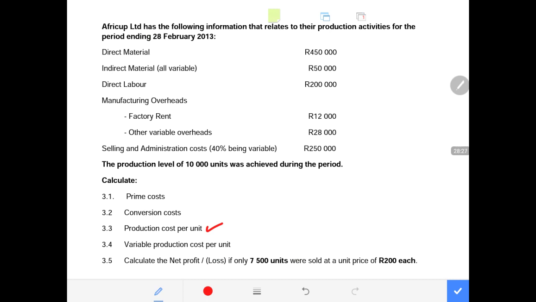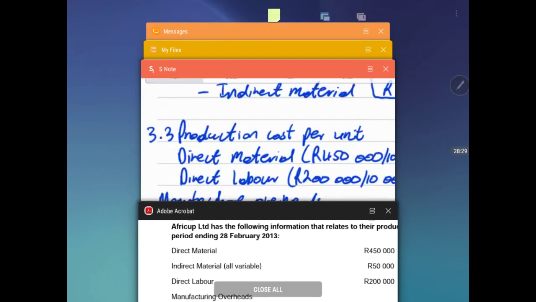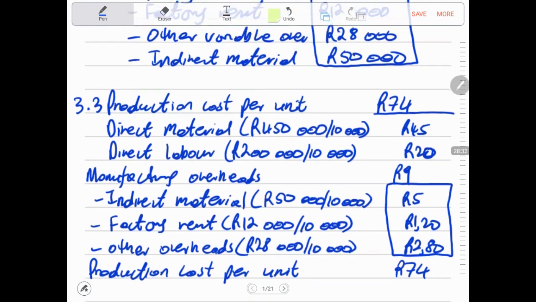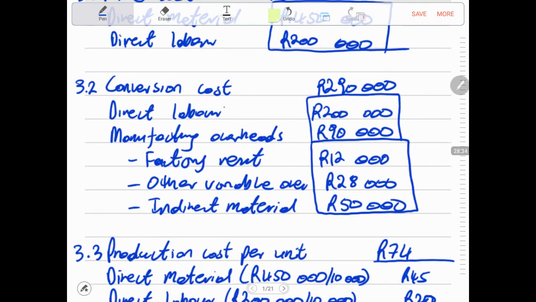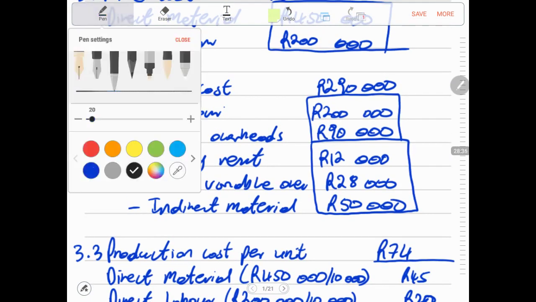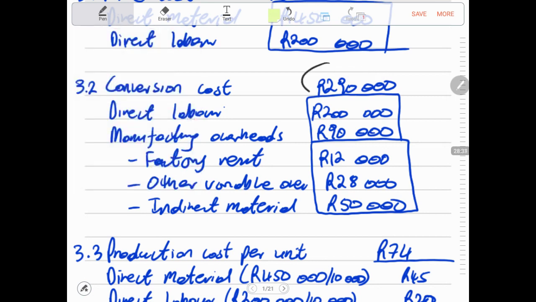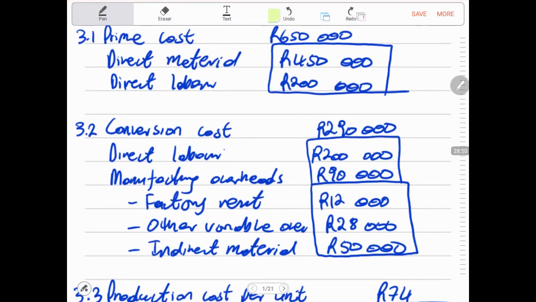When it's 1 mark, you can go back and say, previously, we already had our production cost, and our production cost was calculated as a total of 290,000 rands. Was it 290,000 rands? Oh, those are the conversion cost. We were not required yet to calculate our total production cost.